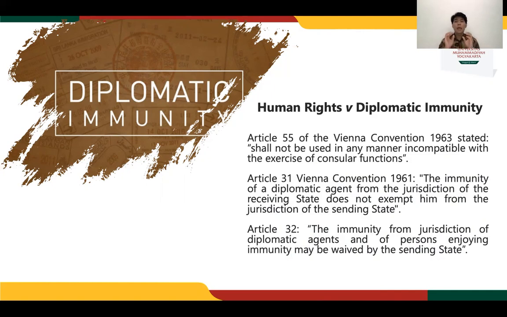It means that human rights cannot be revoked, but on the other hand, based on Article 32 of the Vienna Convention on Diplomatic Relations, diplomatic immunity can be revoked by the sending state.